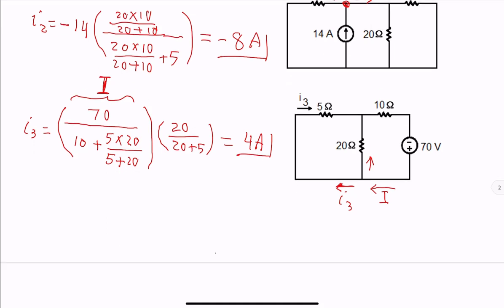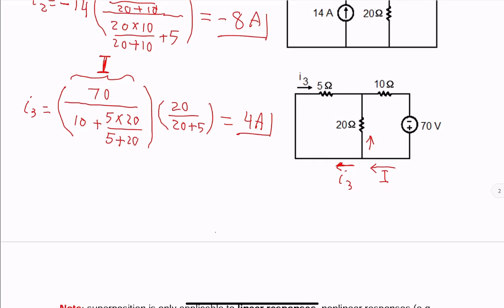So according to superposition theorem, current I is I1 plus I2 plus I3, 9 minus 8 plus 4, and we get 5 amps.